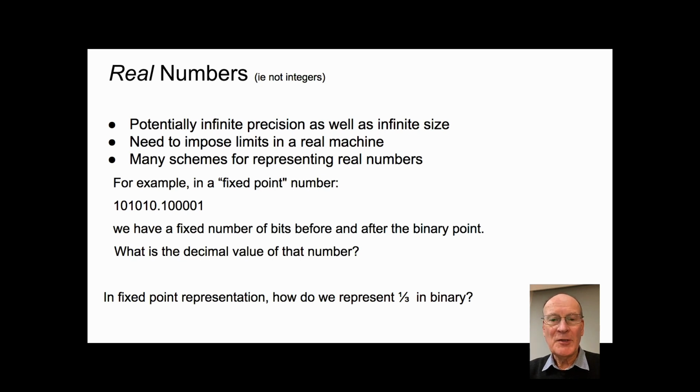But now we get to another very interesting problem. We know these are powers of 2, negative 2 on the right-hand side of the binary point. But there are some numbers that you can't represent in this binary representation. For example, how do you represent a third? Now, the same actually applies for decimal numbers.